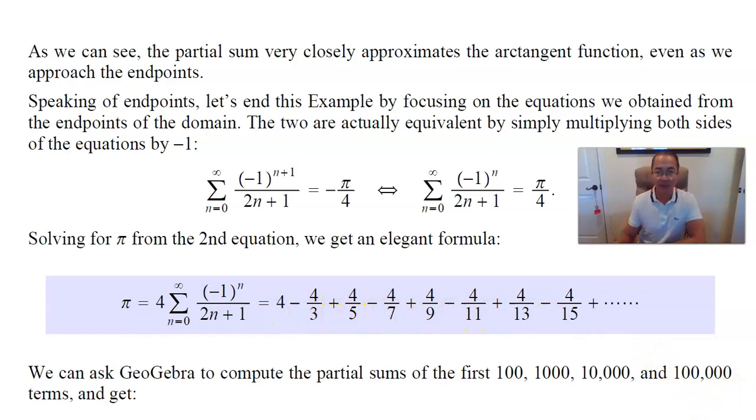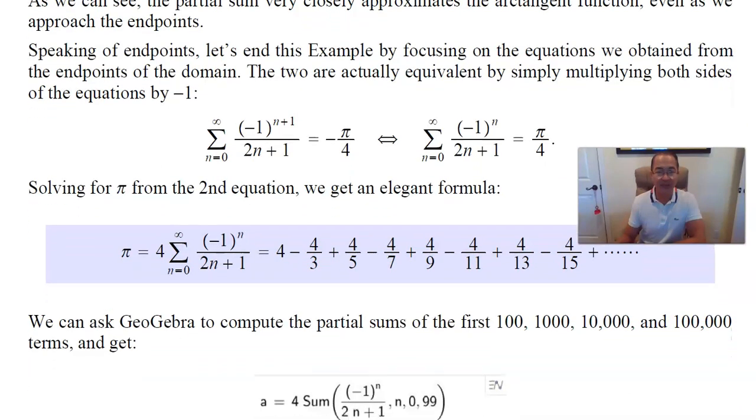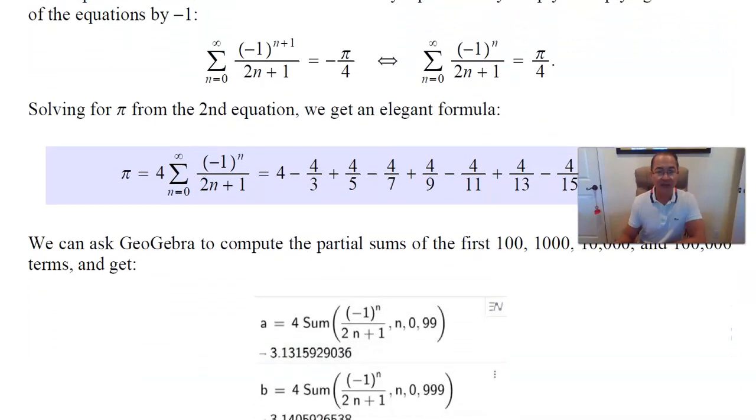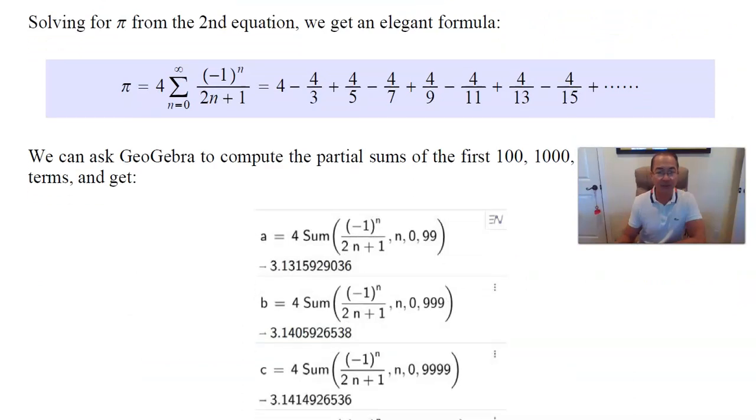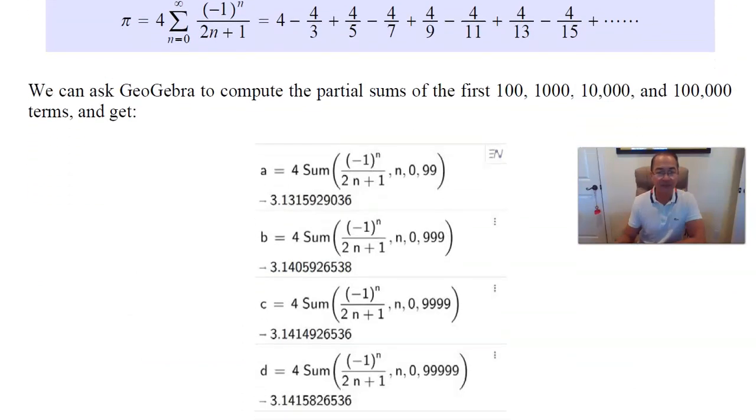If you actually compute these partial sums in GeoGebra, you're going to have to wait a while, though. 0 to 99, 3.13. That 3 is wrong. 0 to 999, 1,000 terms, 3.14. That's nice. But we know that pi is like 3.14159.